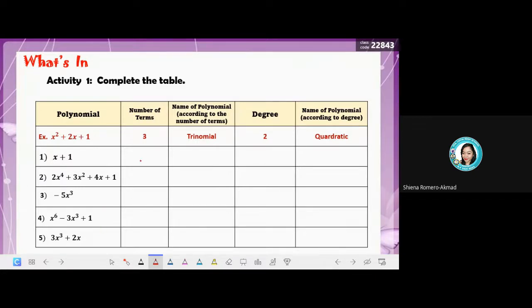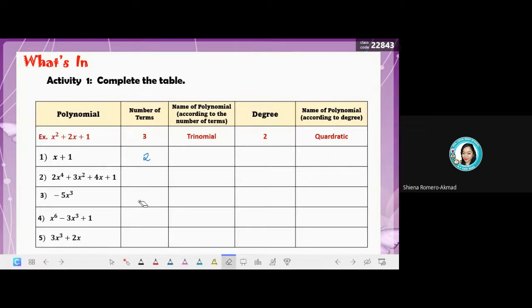So, sa number 1, 2, correct? Sige. Sagot lang. Sa number 2, 4. Correct?